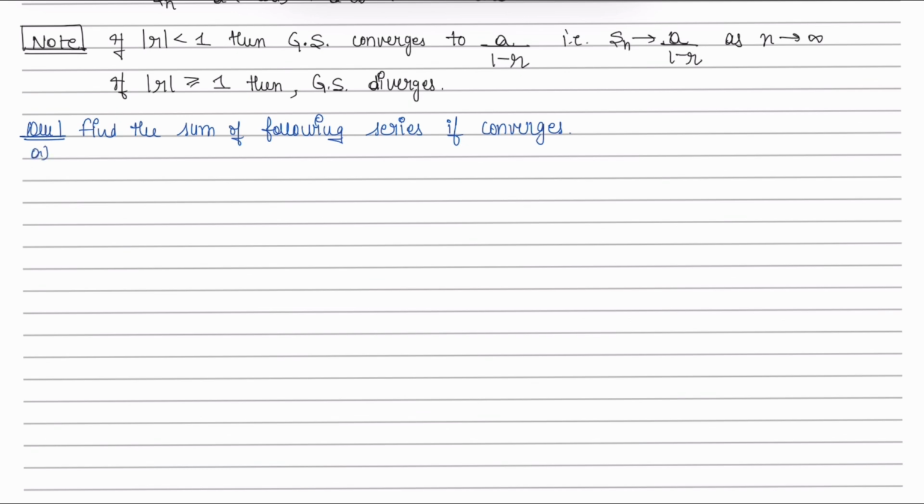The first part is 1 minus 1 by 2 plus 1 by 4 minus 1 by 8 plus so on to minus 1 to the power n minus 1 into 1 upon 2 to the power n minus 1 plus so on.